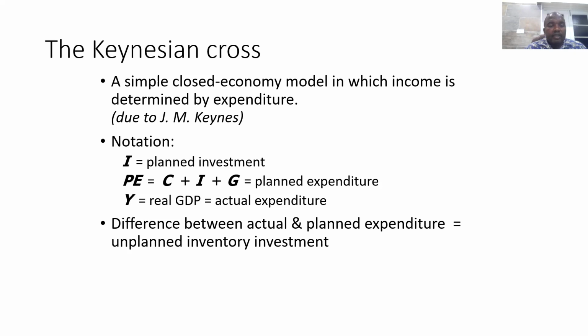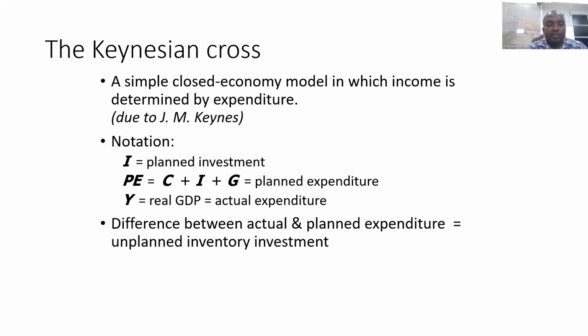Y is the real level of GDP or real national income, which in the steady state is expected to be equal to actual expenditure.